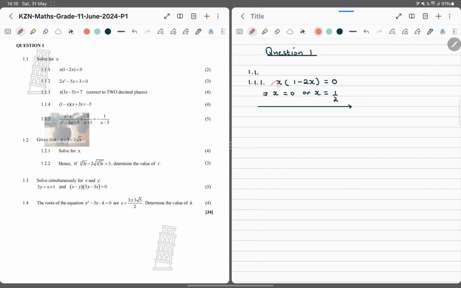So this becomes 0. 0 multiplied by anything is going to be 0. So this checks out. If we put x as a half, that would be a half over there. But if we put a half in here, it becomes 1. 1 minus 1 is 0. 0 multiplied by anything is 0. So the left-hand side is equal to the right-hand side.